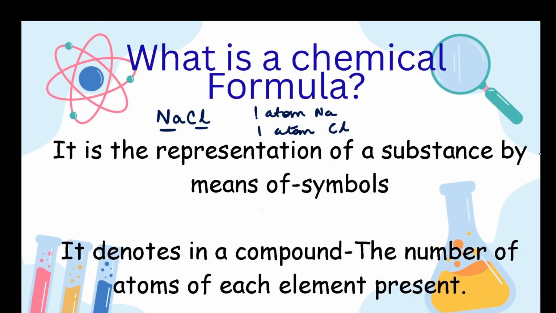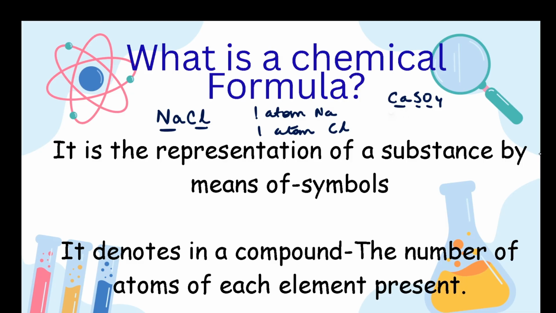So, in a compound, a chemical formula denotes the number of atoms of each element present. This concept becomes very important. If in the exam a compound calcium sulfate is given, first list out the elements. Which elements are present? Calcium, sulfur and oxygen. 3 elements are present.